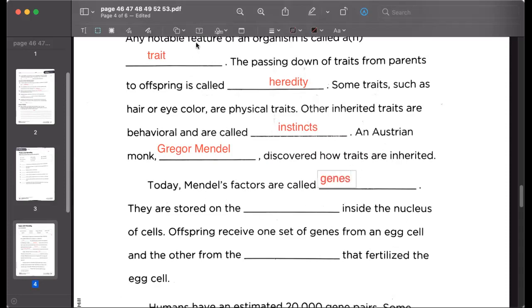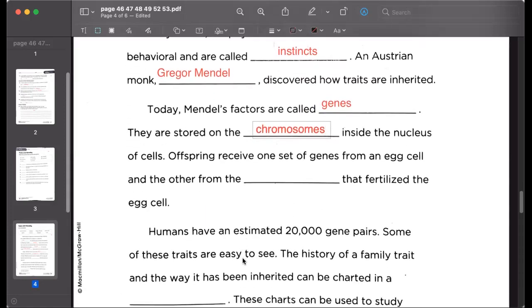They are stored on the, you know very well, inside the nucleus, what we call chromosomes. Yes, my dear. Chromosomes.